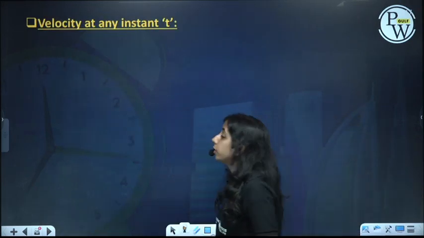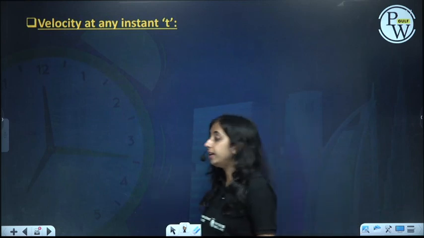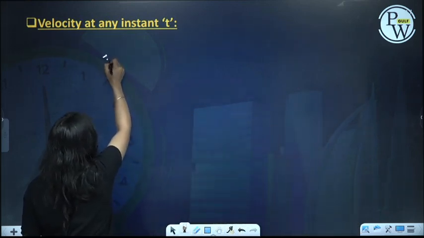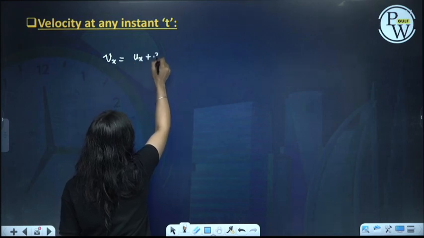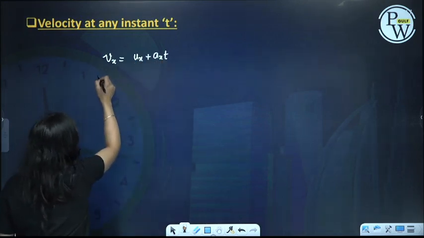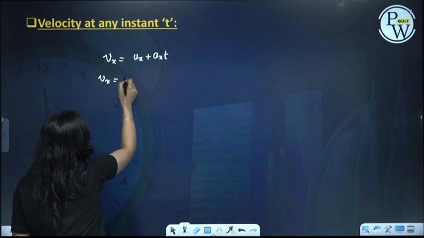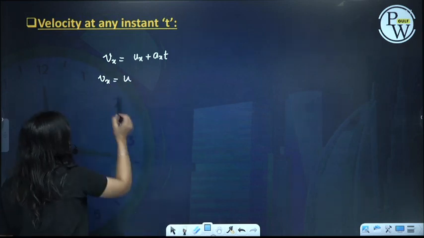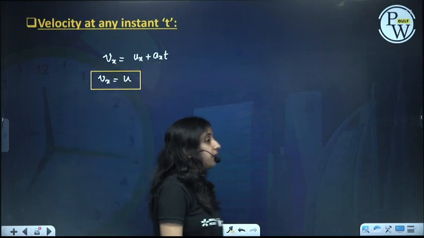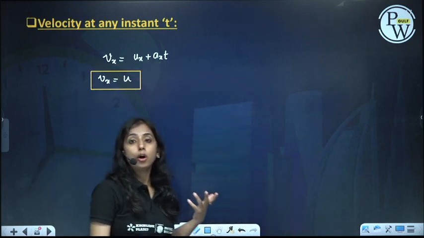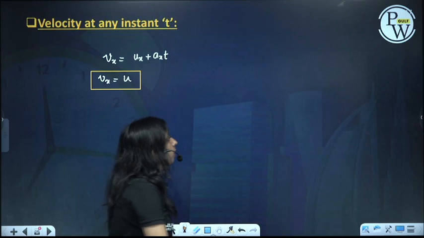Now let's find velocity at any instant t. Velocity vx will be equal to ux plus ax into t. Because ax is 0, vx will remain the same at every point of the trajectory; horizontal velocity will be ux only.